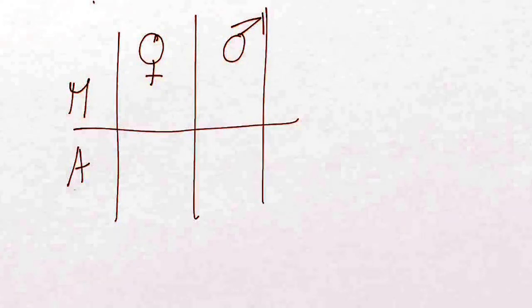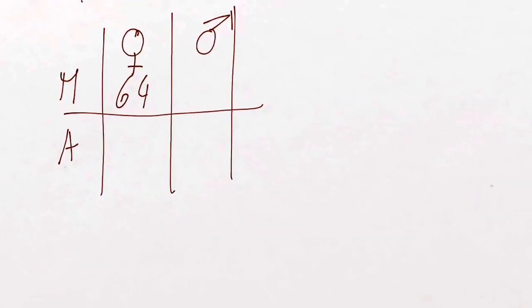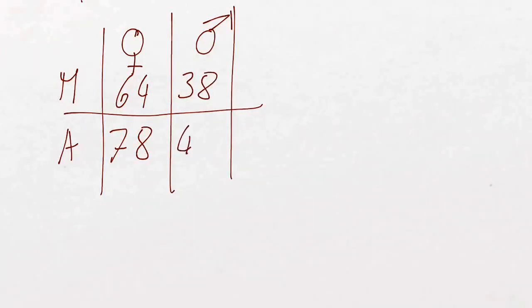And I found female, male, morning and afternoon. I found that we had 64 females in the morning and 78 females in the afternoon. We had 38 male in the morning and 44 male in the afternoon.